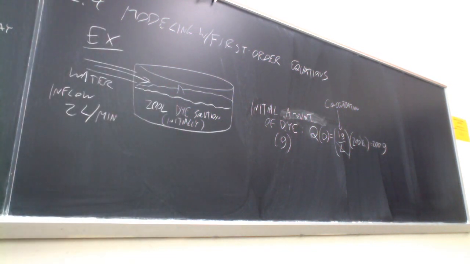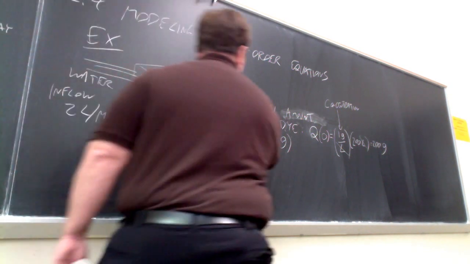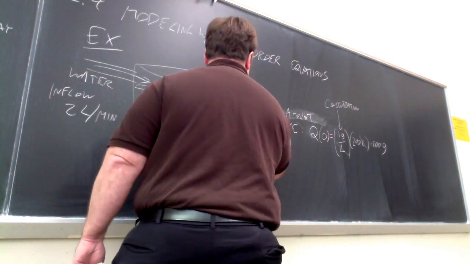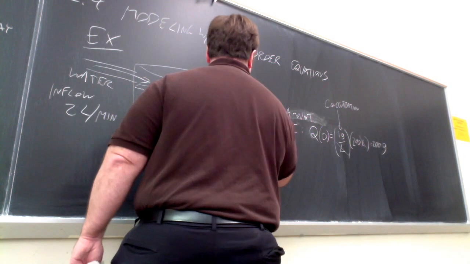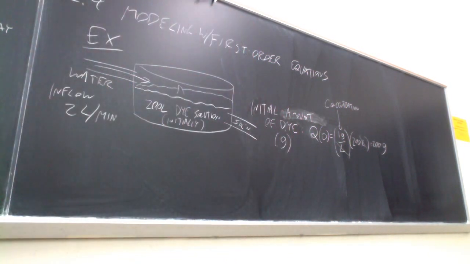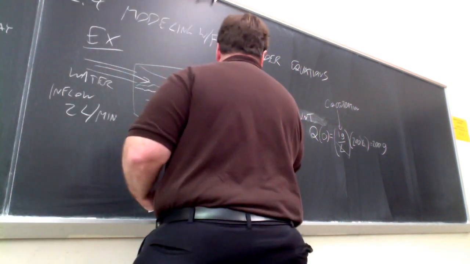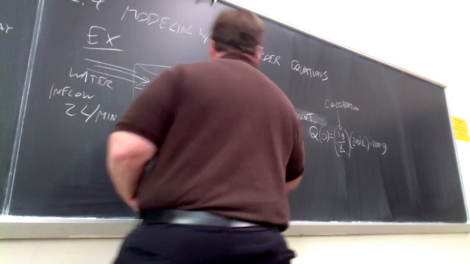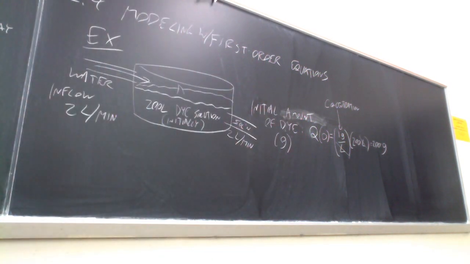So water's coming in, and then the solution with dye in it is being emptied out, and that is also at the rate of 2 liters per minute. So the volume of liquid in the tank is going to remain the same throughout. So water in, water mixed with dye out.